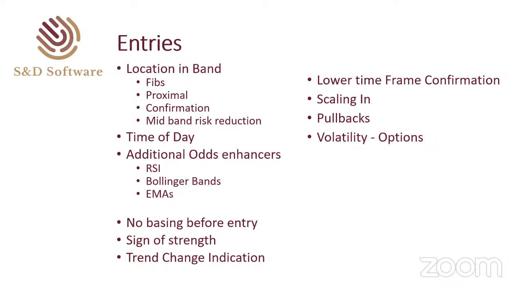I know that some people use a lot of odds enhancers when price comes into a band to determine whether or not to get into the trade. Obviously, if you're doing that, you've got to be sitting at your computer, making sure that all the stars align. I know on some platforms you can have more flexibility to put requirements in on the trades.